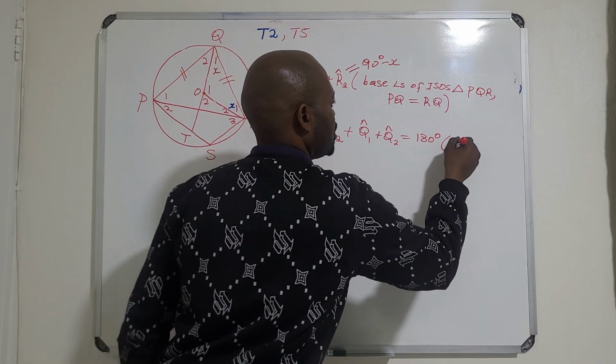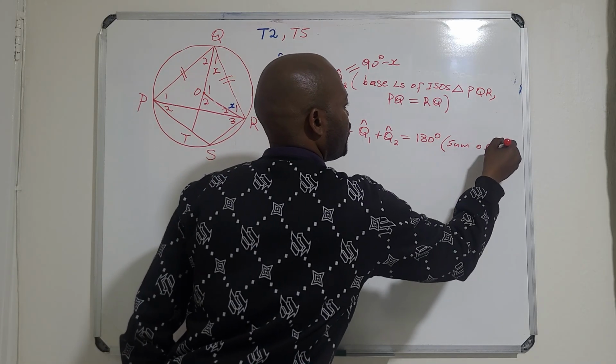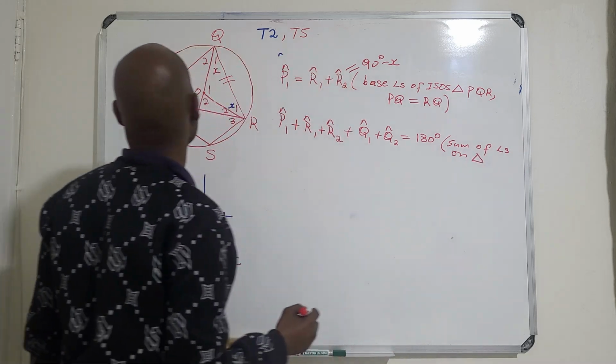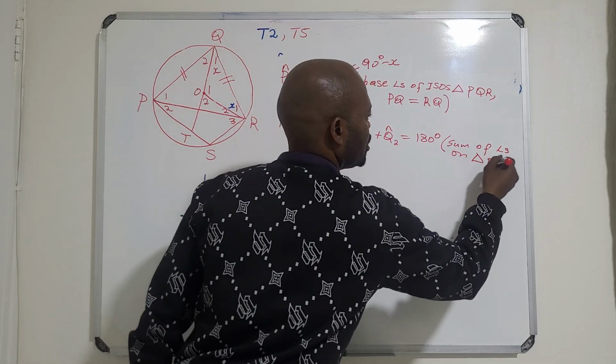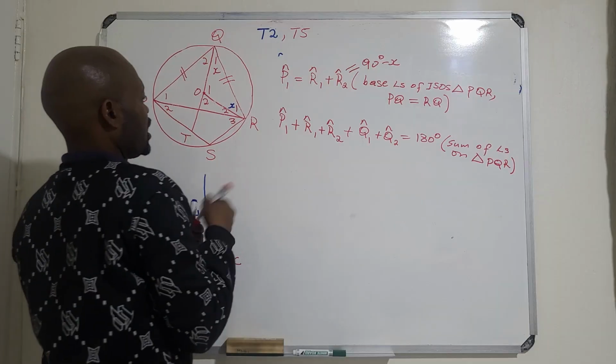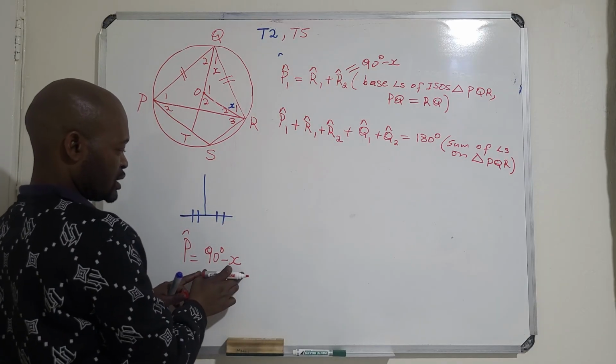What's that? Sum of angles in which triangle is that? PQR. But now we know that this is 90 minus x.